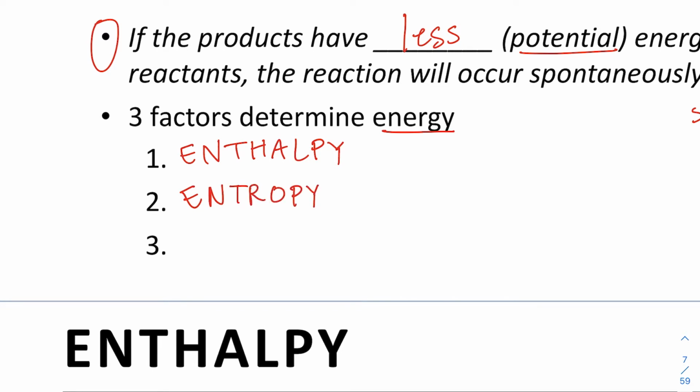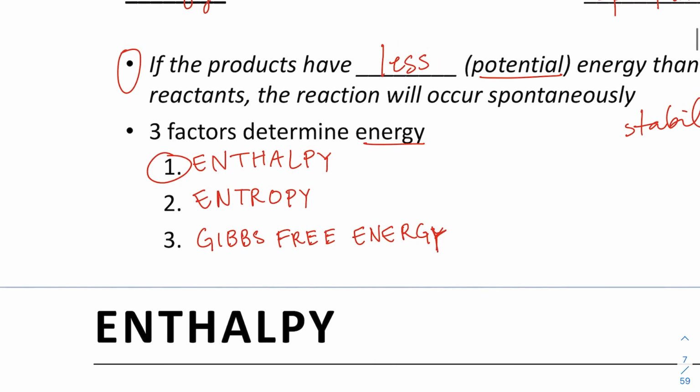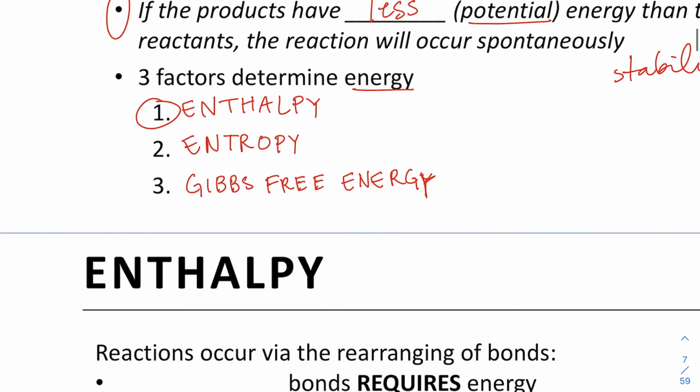And then the third factor is Gibbs free energy. Now, we're going to spend a little bit of time talking just about this first factor, enthalpy. And then probably after exam 2, we'll get into entropy and Gibbs free energy.